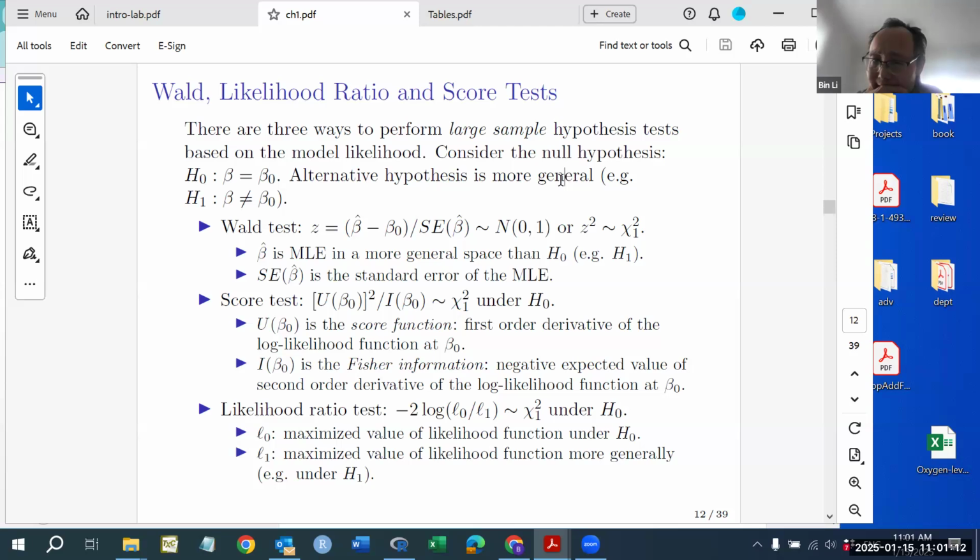Before we talk about that, for hypothesis testing in statistics, the underlying idea is that we need to specify two hypotheses. One is the null hypothesis. What is the null hypothesis?